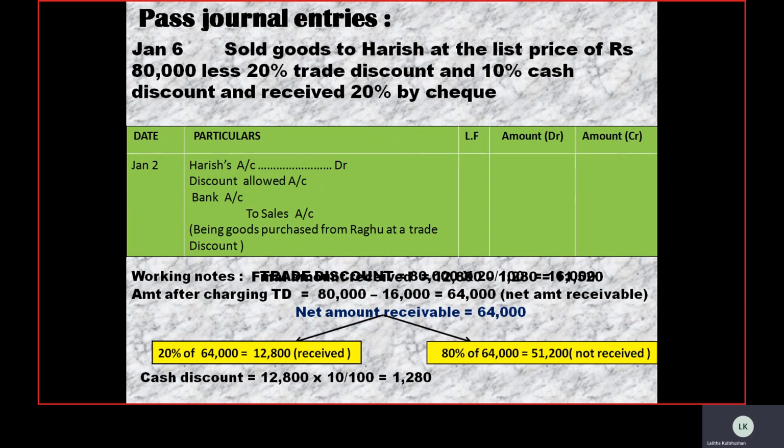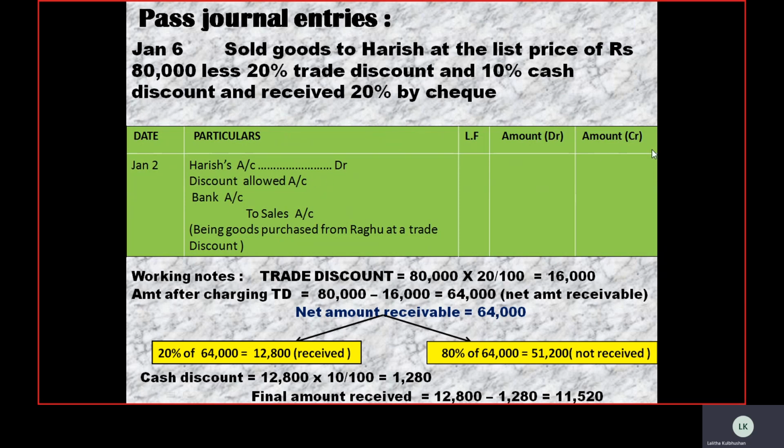Now finally, after excluding, what is the amount finally to be received? Because we have given a discount of 1,280, out of the 12,800, the amount which we are supposed to receive here is how much? 11,520. Okay. As the discount in case of a sale is an expense for us, this is the reason that the discount allowed account is debited here.